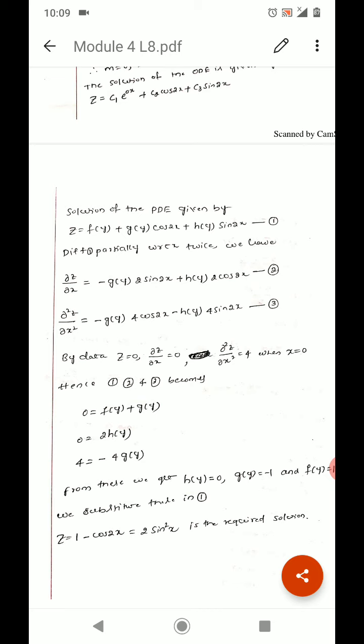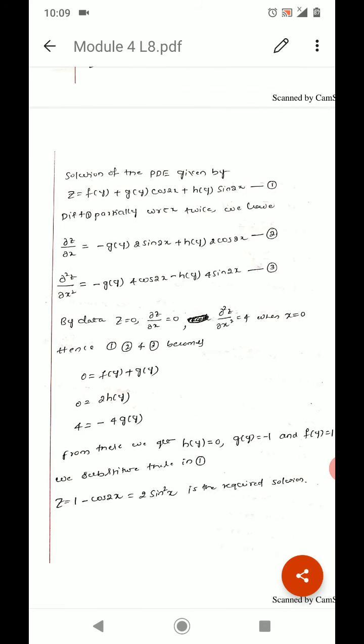And del z by del x equal to 0 means 0 is equal to 2 into h of y, since sin 0 is 0, so minus g of y into 2 sin 0 becomes 0, and cos 0 is 1, we get only 2 into h of y. And from equation 3 we get 4 is equal to minus 4 into g of y.